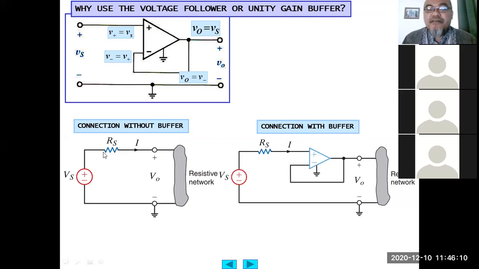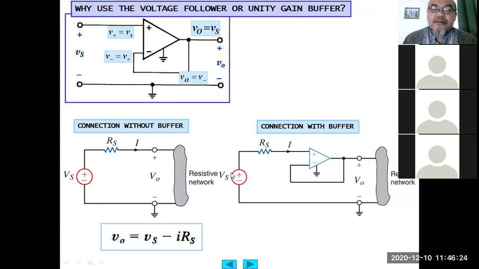So the V output will not be equal to Vs. Without a buffer, V output will be equal to Vs minus IRS because of the long wire. The wire itself has resistance, except if you use a superconductor, but no superconductor is yet sold as a practical wire for home appliances.